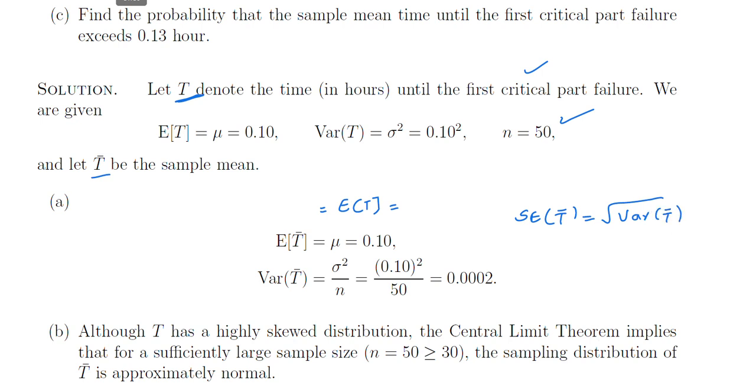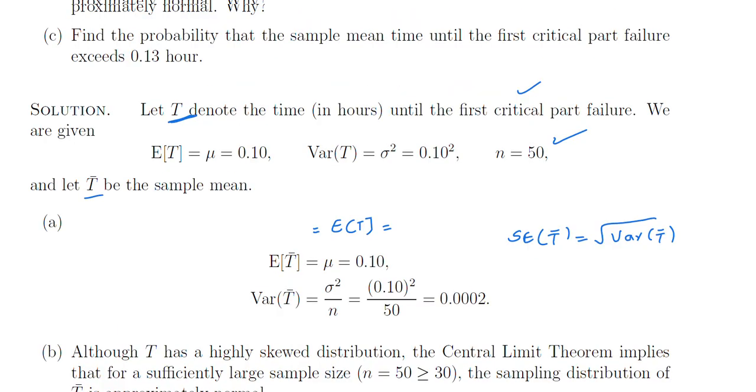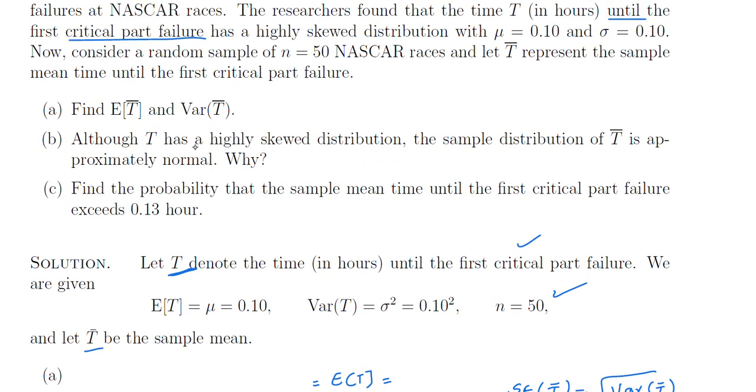Okay, now the next part asks, although T has a skewed distribution, why is the sampling distribution of T bar approximately normal? Because the central limit theorem says that when n is large enough, T bar follows a normal distribution. That's the reason.